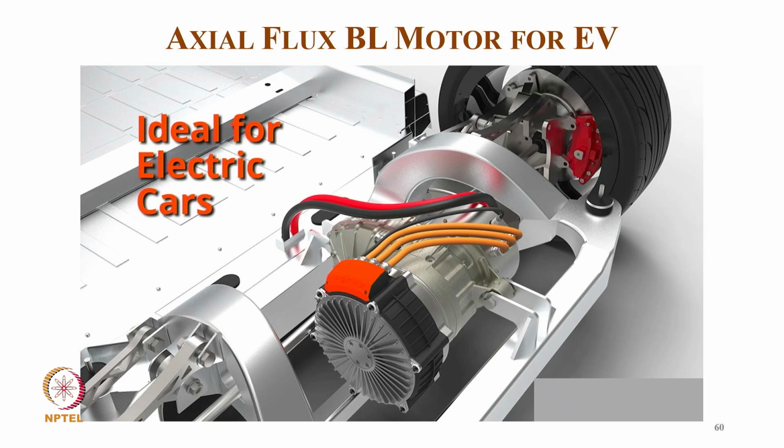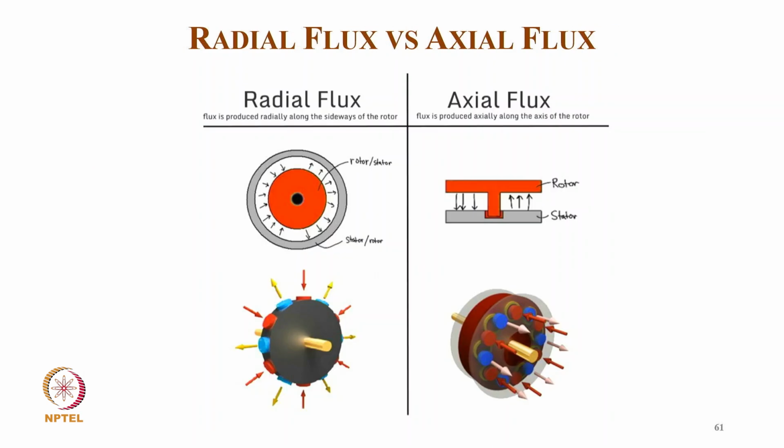And this is ideal for an electric car. This motor suits very well, very compact and very small size. You can see part of the motor put into a vehicle directly in a very systematic manner. So you can have even a motor for every separate wheel also.